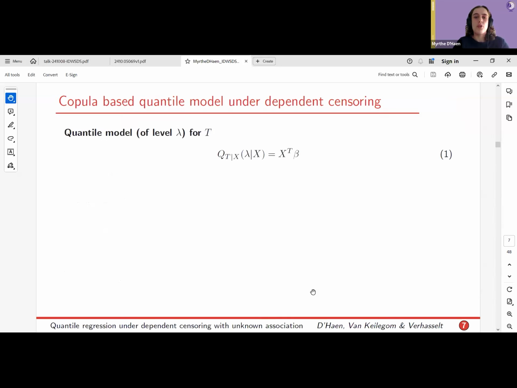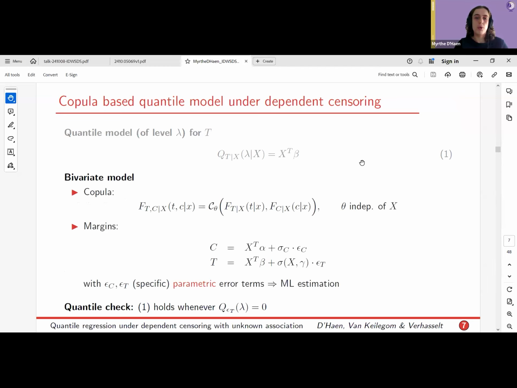So let's say we're interested in a quantile of some level lambda between 0 and 1 for the survival time, and we assume that it's linear. Now, of course, we want to take this dependent censoring into account, so it wouldn't really make sense to start from only a marginal model, but rather we will start from a bivariate model, in this case a parametric copula model, and then from this model afterwards we will derive the quantiles for the survival.